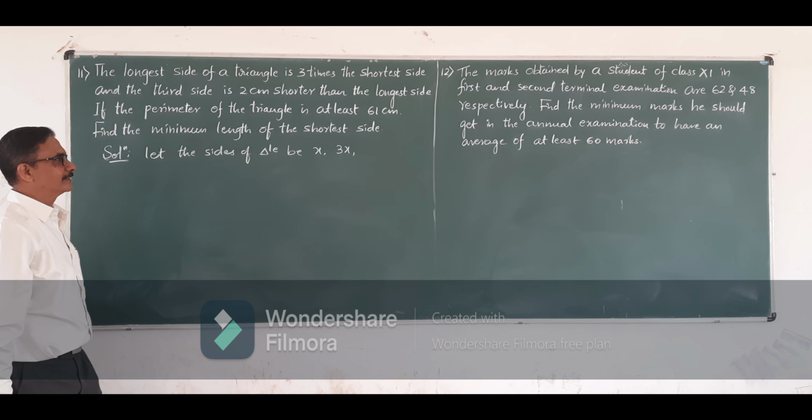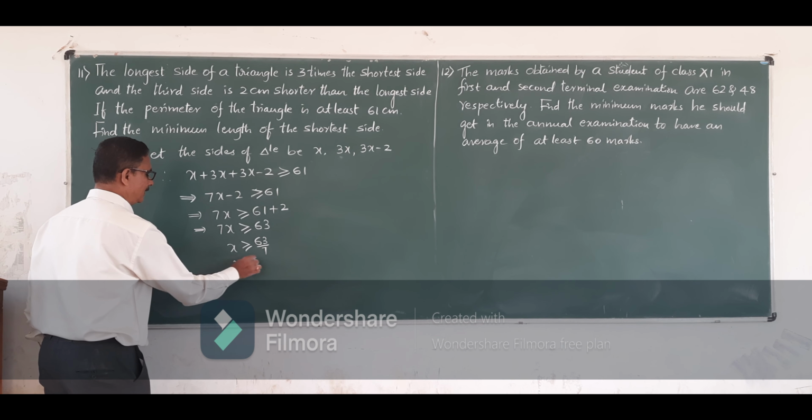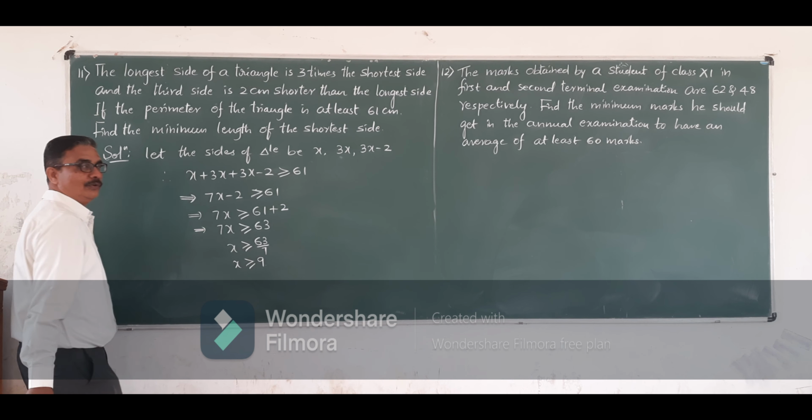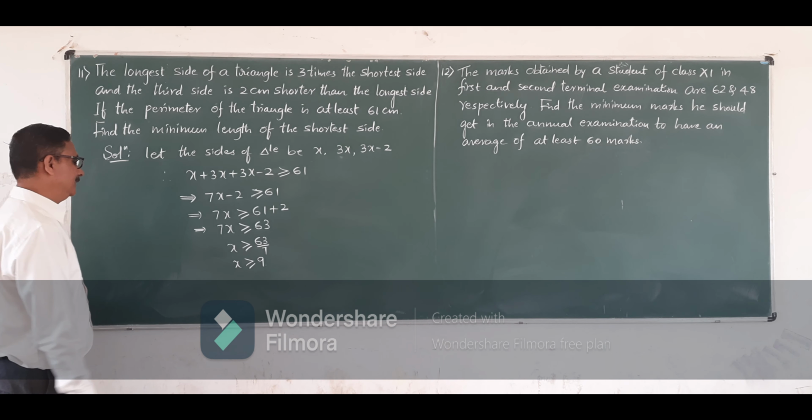This implies x plus 3x is 4x, plus 3x is 7x, minus 2, more than or equal to 61. Therefore, 7x is more than or equal to 61 plus 2, which implies 7x is more than or equal to 63. Divide by 7, x is more than or equal to 63 by 7, that is x is more than or equal to 9. So either more than 9 or equal to 9. X means what? Shortest side.